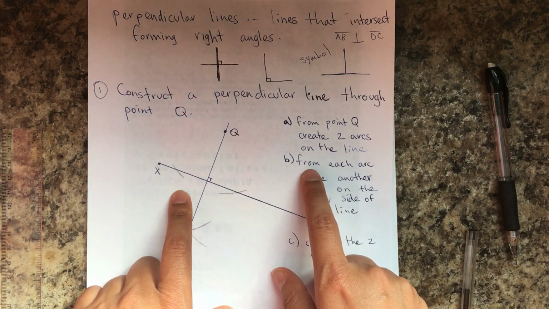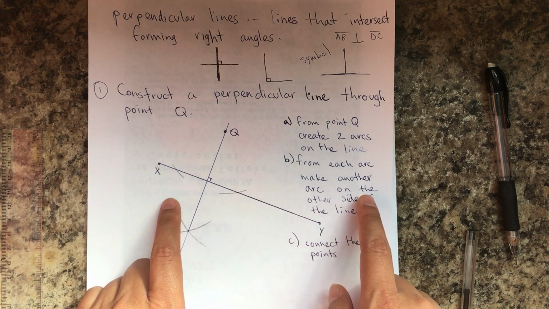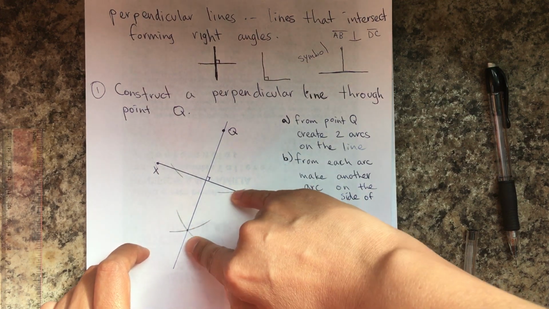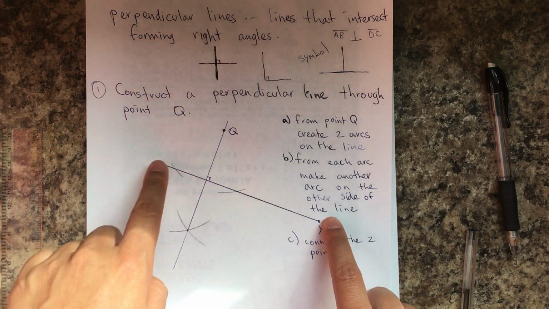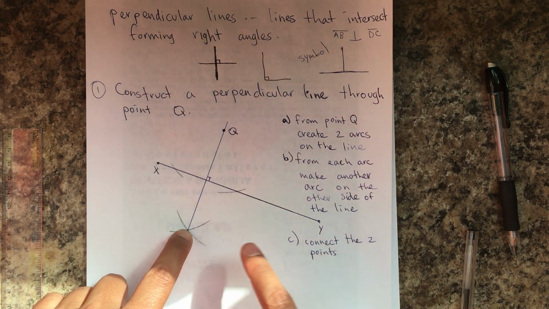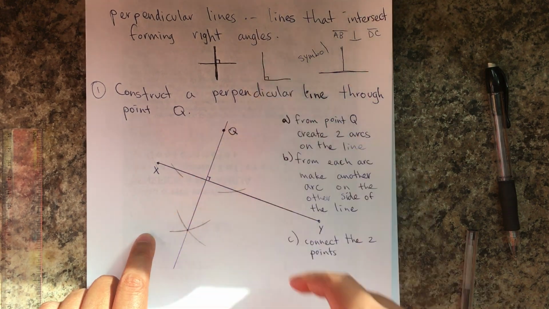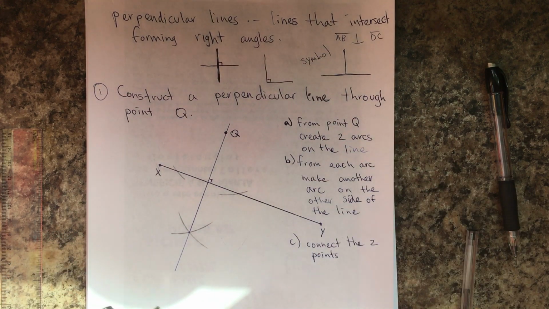From each arc, make another arc on the other side of the line, and connect the point that is created by these arcs with point Q, and that's your perpendicular bisector. So maybe pause the video so that you can take these notes.